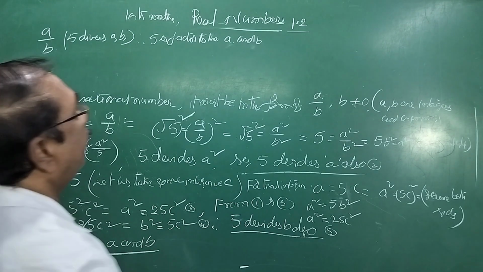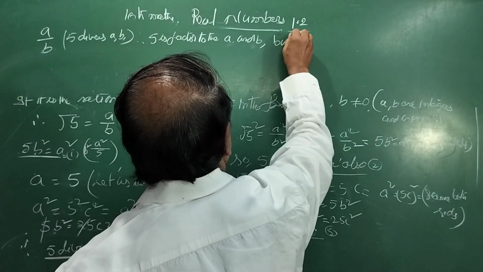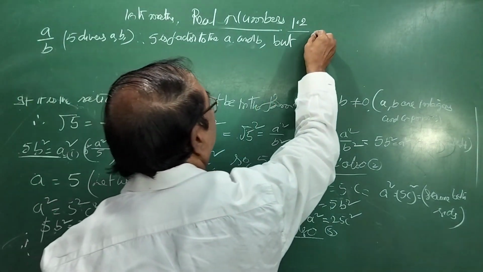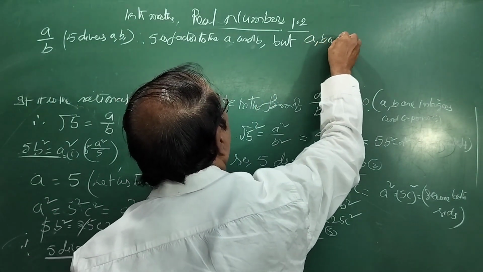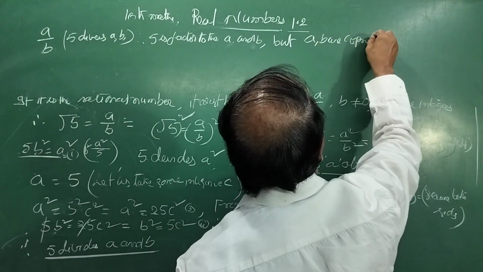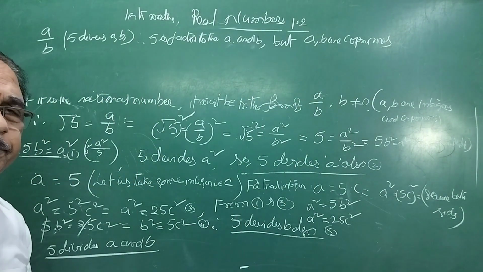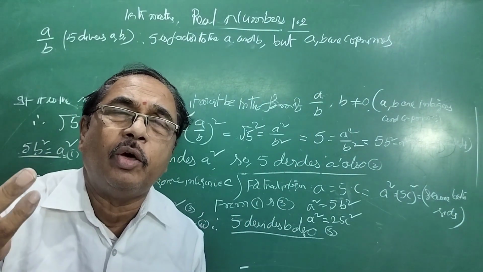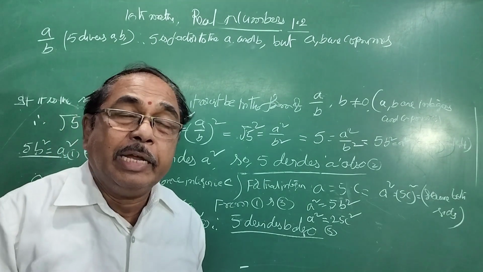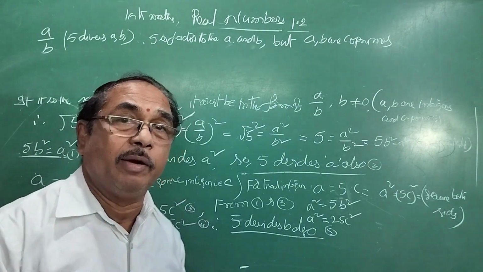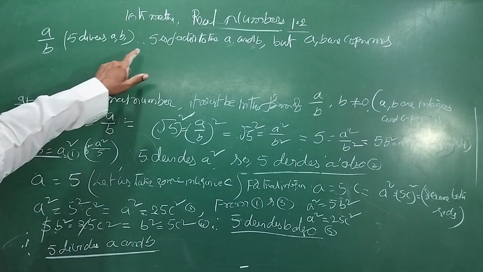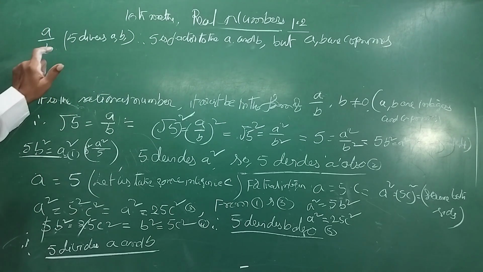But then, next step by step you write. But a, b are co-primes. a, b are co-primes means a and b do not have any common factor. But here 5 divides a and b also.